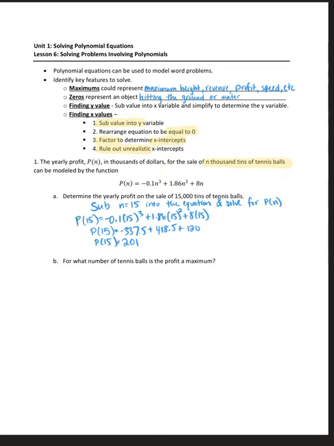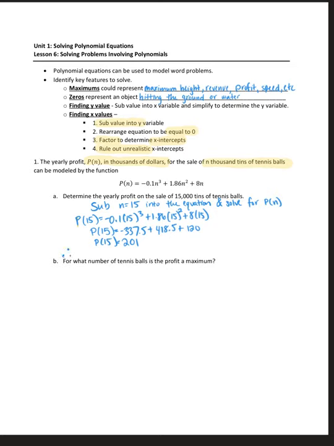So we found that when we substitute in 15,000 for the number of tins sold, we get 201 for our profit. Remember that our profit is also in thousands of dollars. So whenever we have a word problem, we need to then end it with our therefore statement.